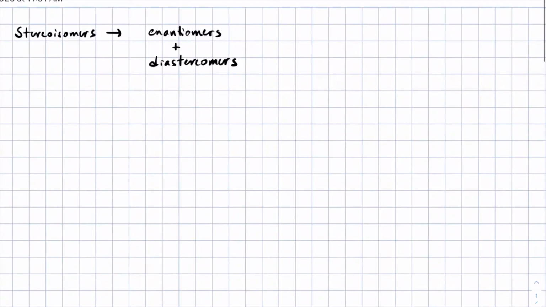So stereoisomers include enantiomers and diastereomers, and those are actually the only two kinds of stereoisomers we have. But we have to include conformational isomers in either of these terms.